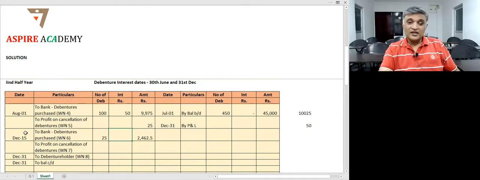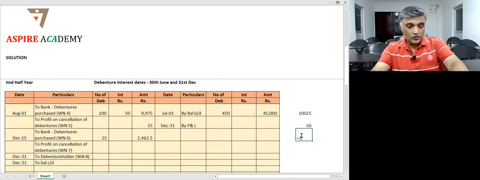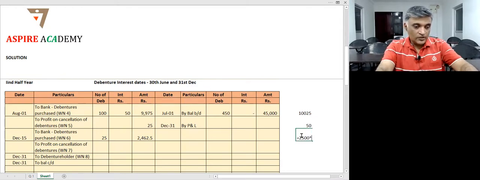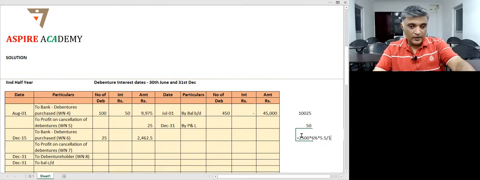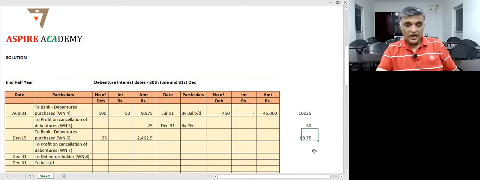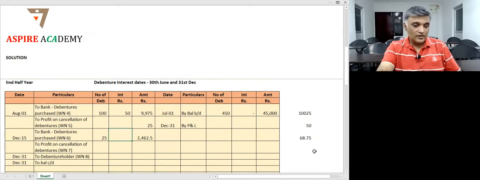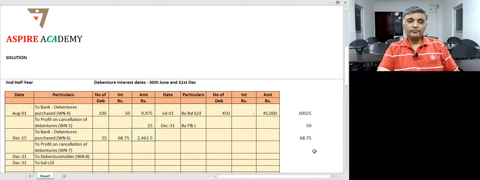So we need to calculate the interest component also. When are we purchasing it? December 15, which means 5.5 months. Right? July, August, September, October, November, and December 15 days. So 5.5 months the interest is accrued. So we calculate 2,500 into 6% into 5.5 by 12, that will give you 68.75 as the total interest.